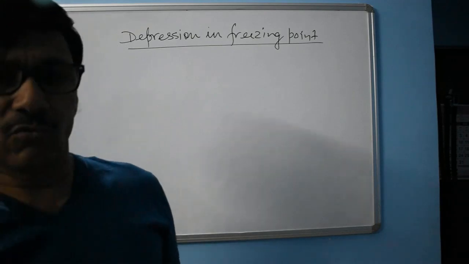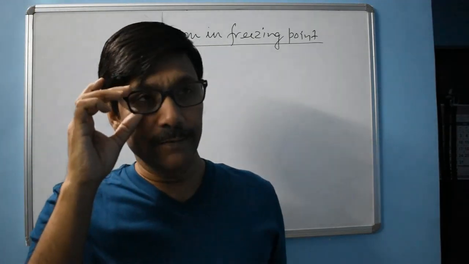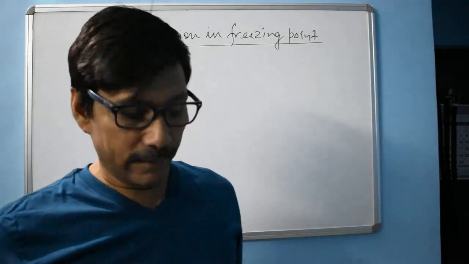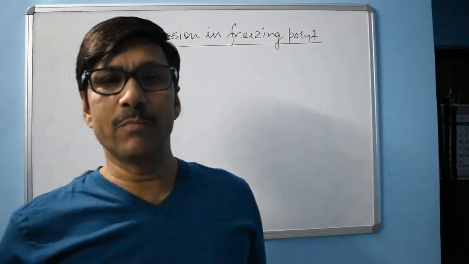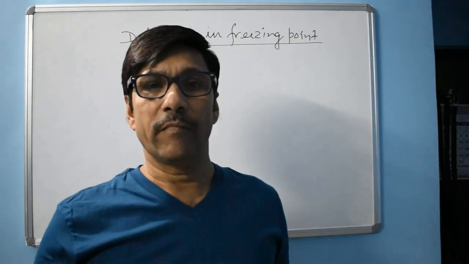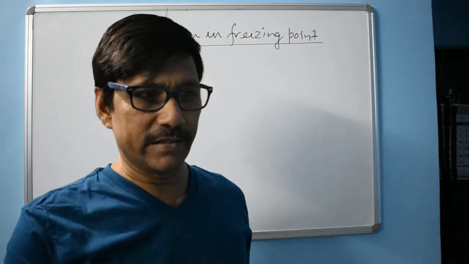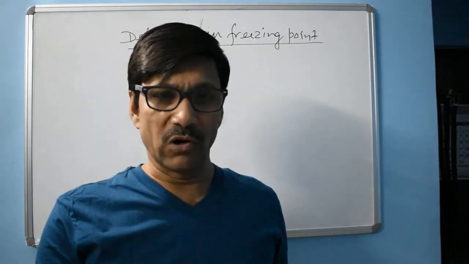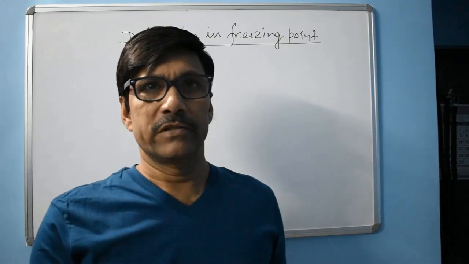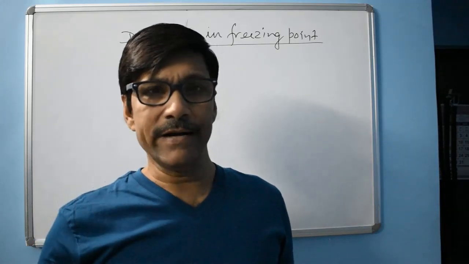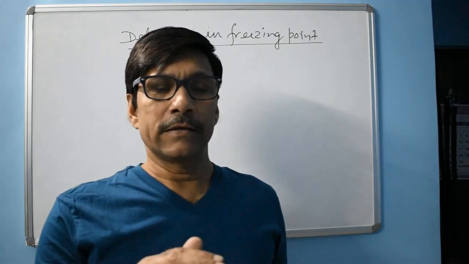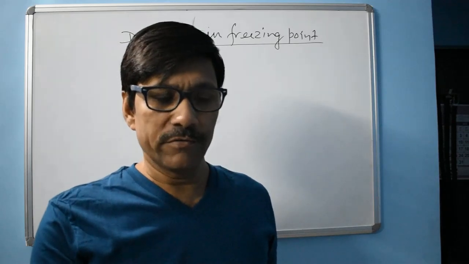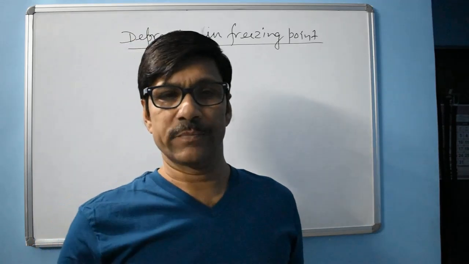Okay, so what is depression in freezing point? For example, freezing point of pure water is 0 degree Celsius. But if we add some amount of solute, say urea or glucose in that, then that solution will not freeze at 0 degree Celsius.